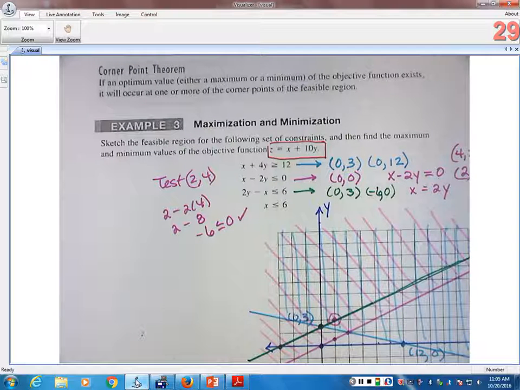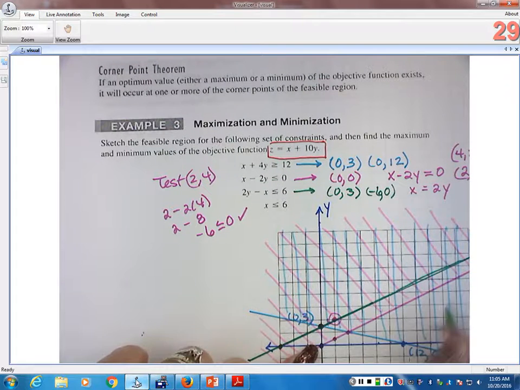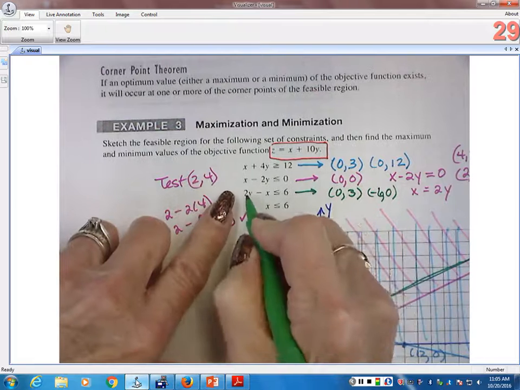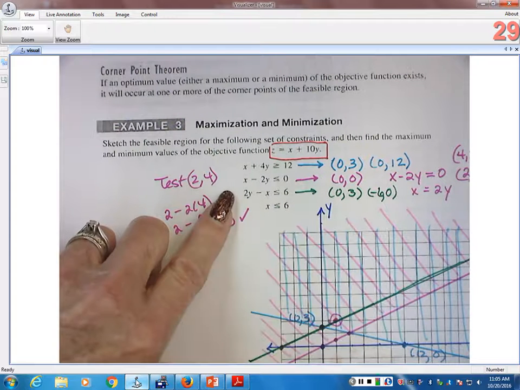And I can test 0, 0 for this one, so I'll choose 0, 0. 0 minus 0 is equal to or less than 6 is true.